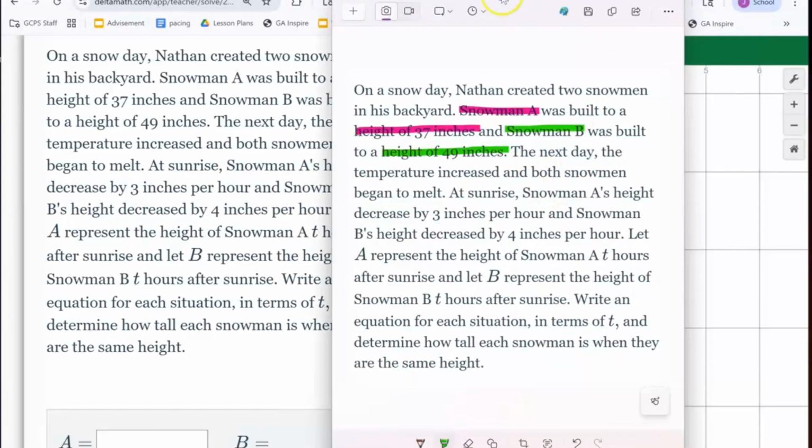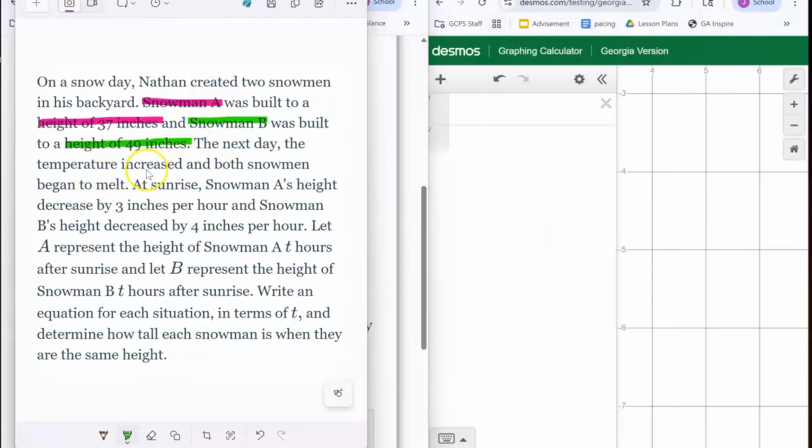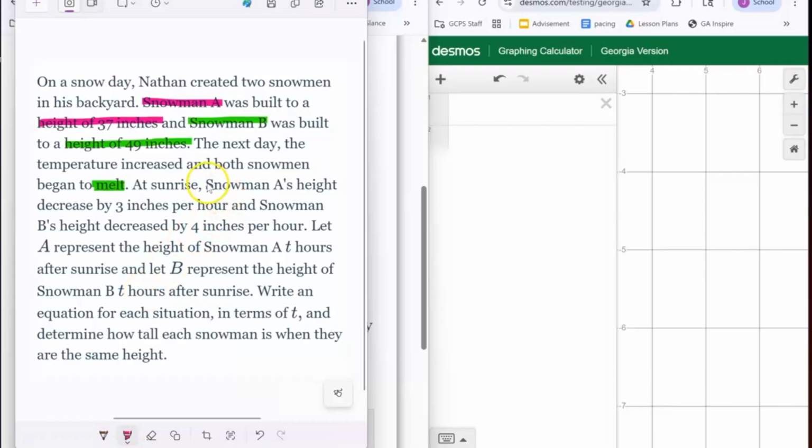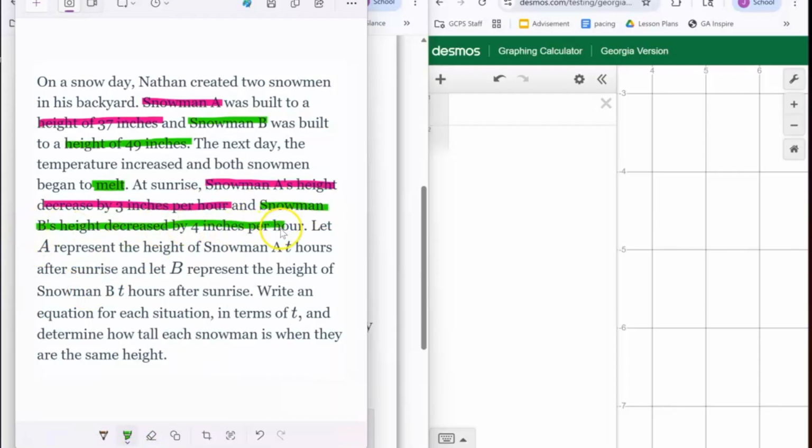The next day, the temperature increased and both snowmen begin to melt. And so remember, anytime something is melting, your slope is going to be what? Negative. At sunrise, snowman A, so that's going to be pink, decreased by 3 inches per hour. Snowman B, which is my green, is going to decrease, because it's melting, by 4 inches per hour.